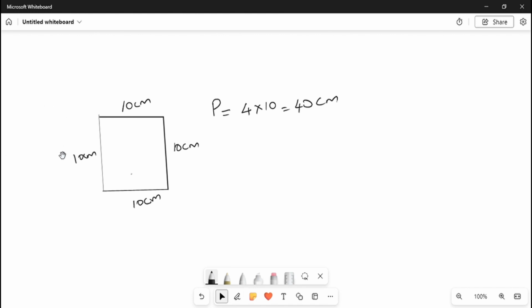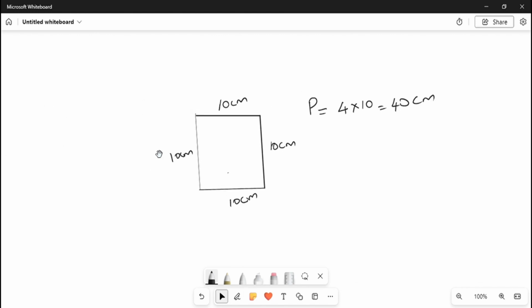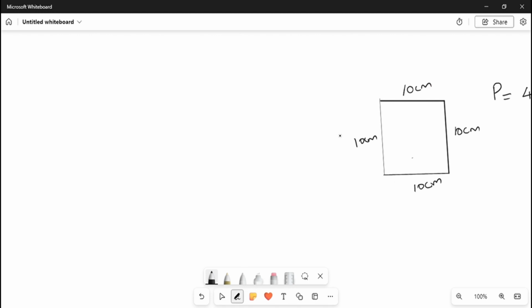Now, let's see a rectangle. Look at this rectangle. We know a rectangle is a different object with opposite sides equal, and all corner angles are 90 degrees.